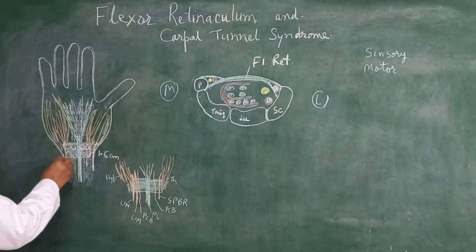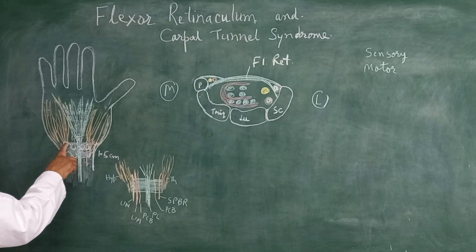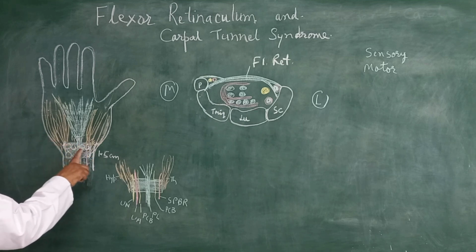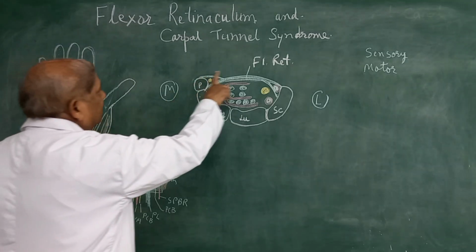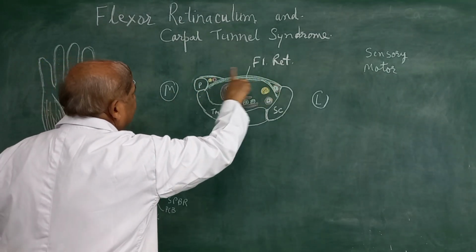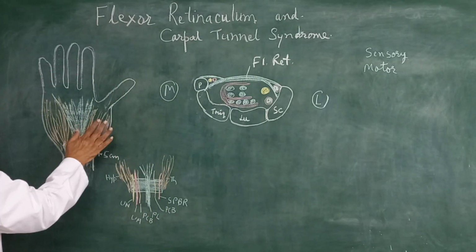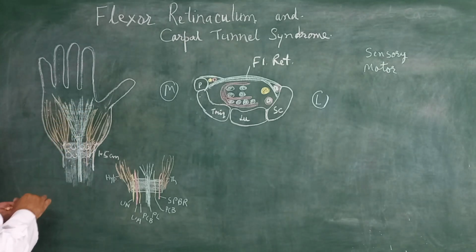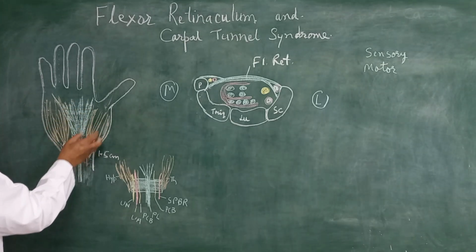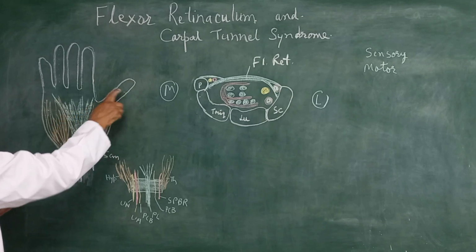Now, in the flexor retinaculum there are various structures related to its superficial surface. In cross section, from the lateral side, the thenar muscles take origin, forming the ball at the base of the thumb.